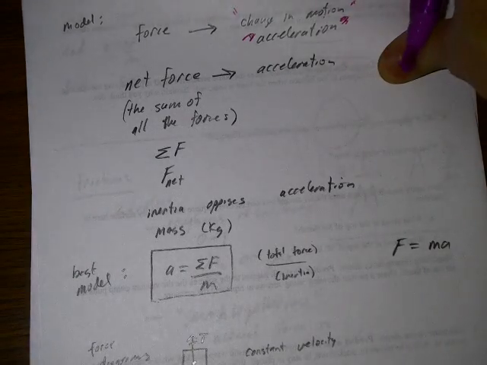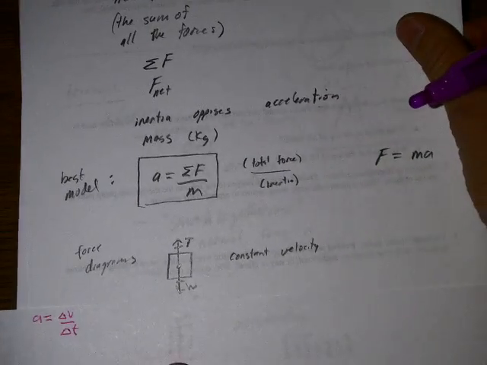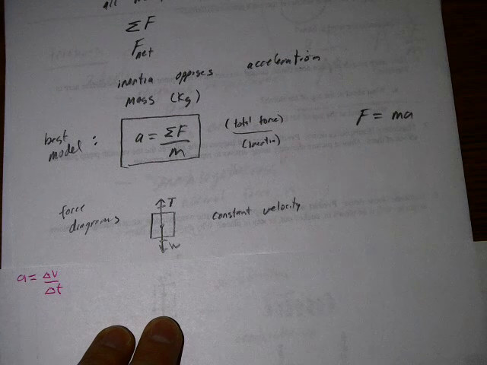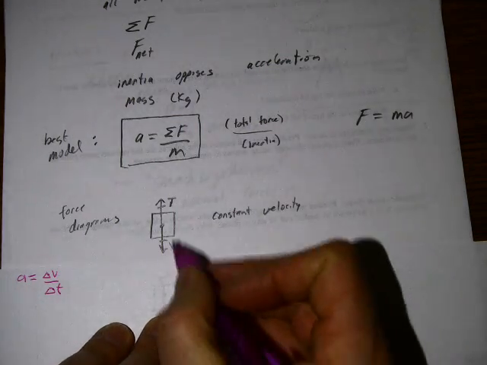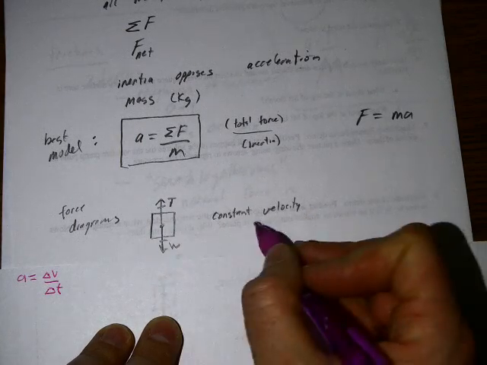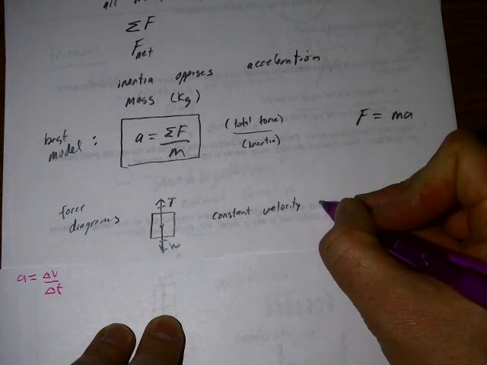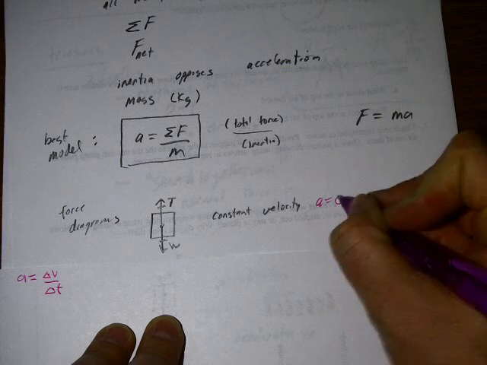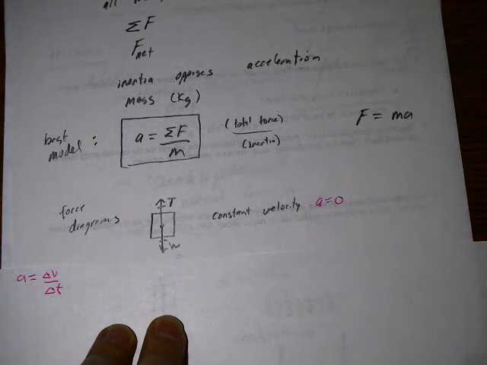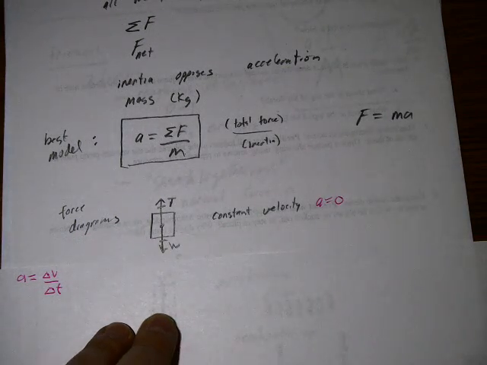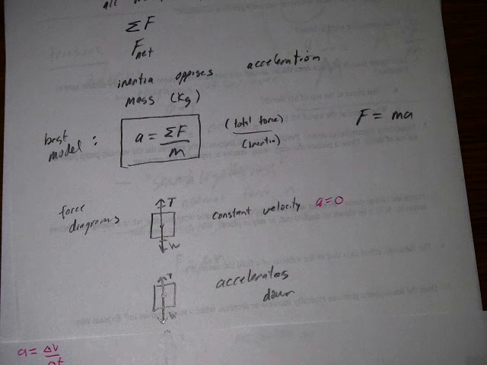We then started drawing force diagrams to help us relate the motion going on to the forces going on. So if the forces are balanced, that means a constant velocity with no acceleration. You could be moving, you could be at rest.